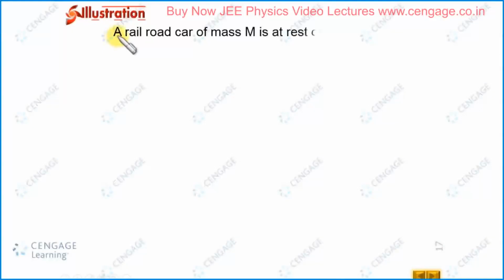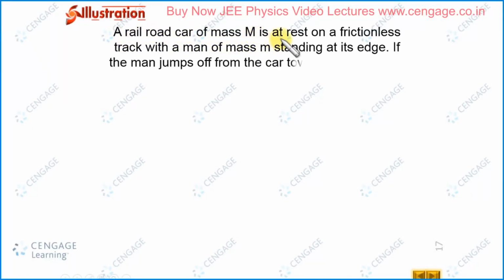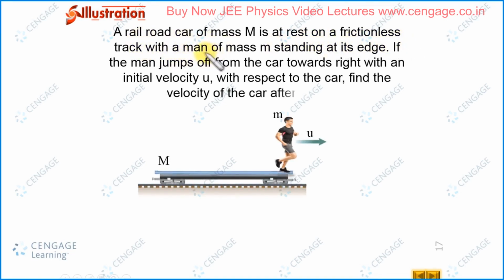In this illustration, a railroad car of mass capital M is at rest on a frictionless track, with a man of mass small m standing at its edge. In this diagram you can observe the railroad car, which can move on the track without friction, and this man is standing at the right side edge and has mass small m.